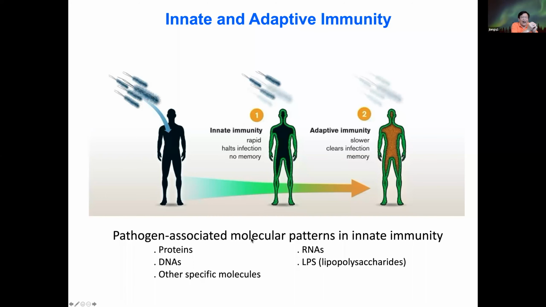So our cells have this capability to detect pathogen-related molecular signatures. Proteins, peptides, DNAs, RNAs, lipopolysaccharides, and other specific molecules associated with pathogens can all be detected and trigger an innate immune response.